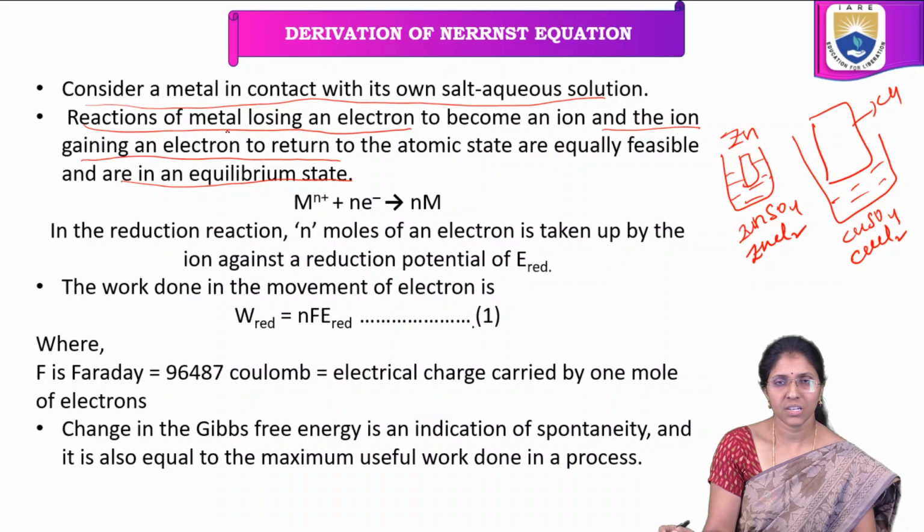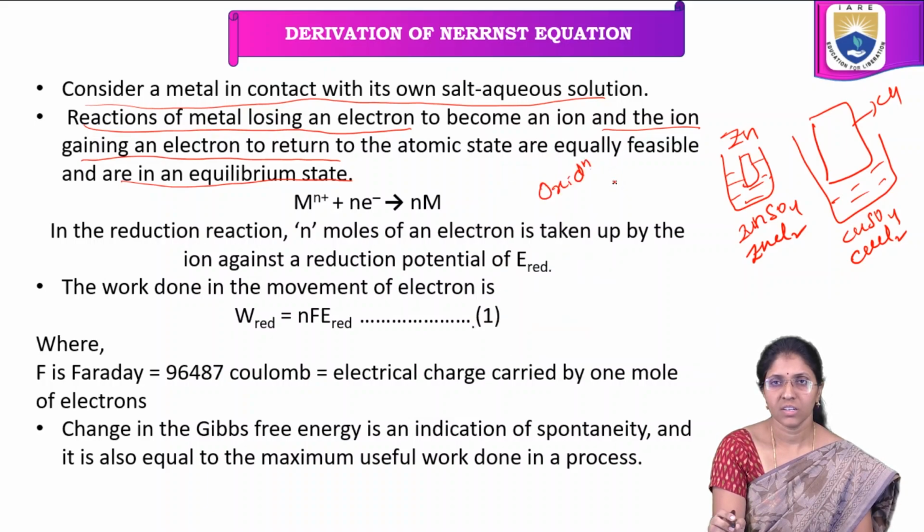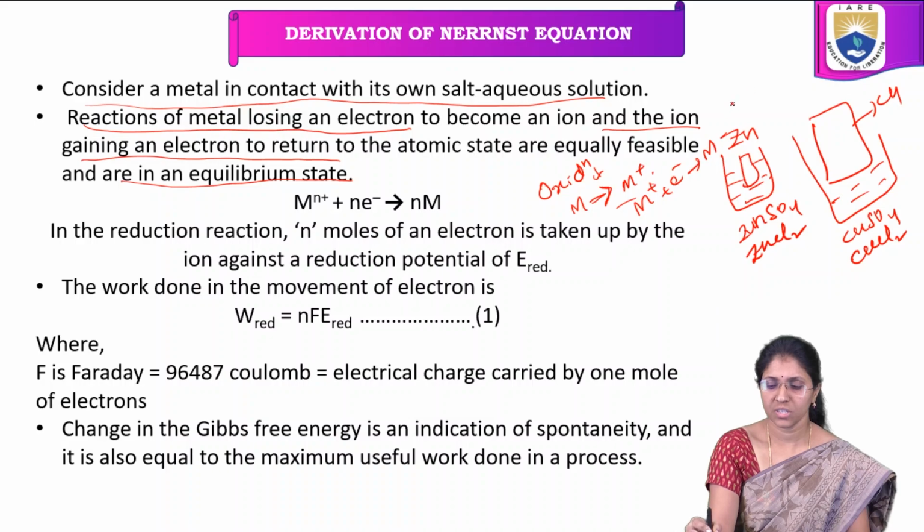The reaction of losing electrons is an oxidation reaction, where the metal forms metal ions. The metal ion gaining electrons and forming metal is a reduction reaction.